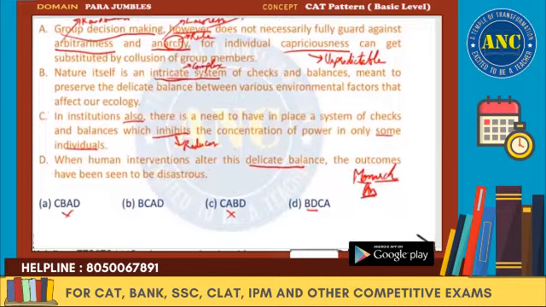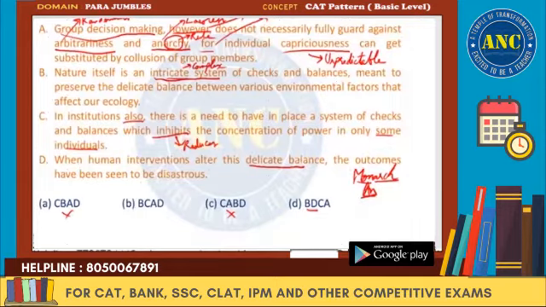However, does not necessarily fully guard against randomness and lawlessness, because for here is used as because, right? So again, if you understand the various usages of a word, that will help you. Grammatically for here can be substituted with because: individual unpredictableness can be substituted by collusion of group members.